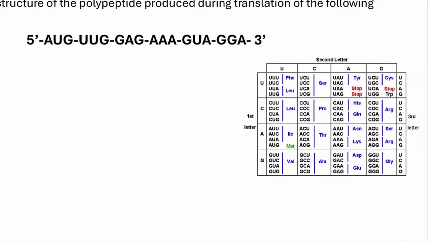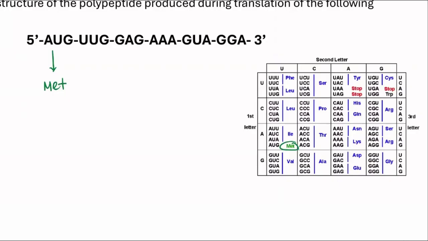As we scan our sequence, we see that the very first amino acid is methionine. Next, we have a codon UUG.